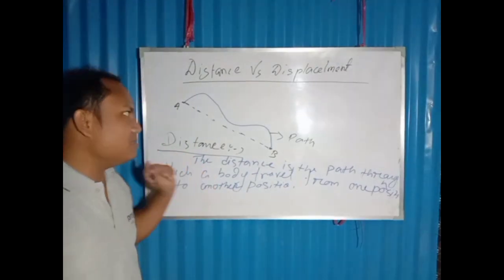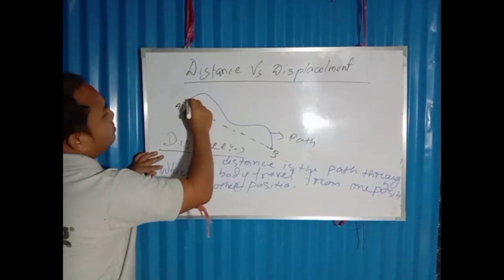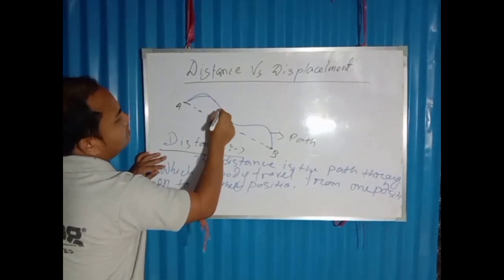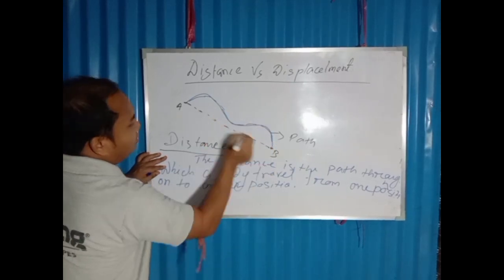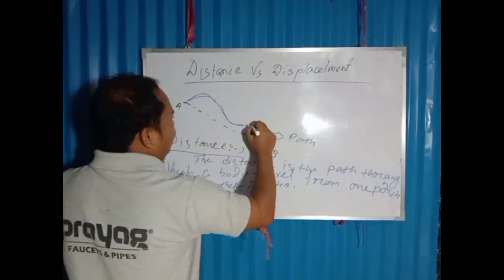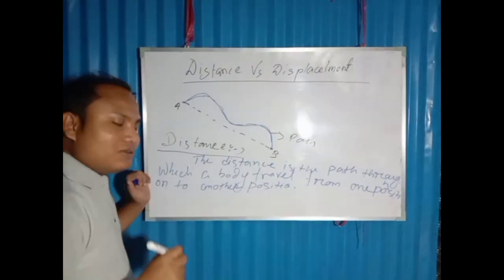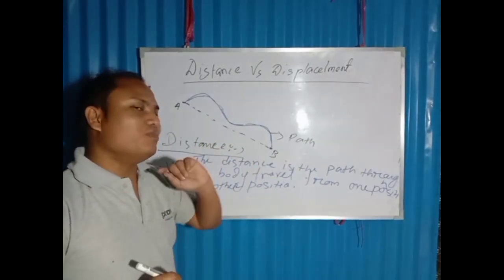This is called distance. You can see A point to B point, this is distance. Path actually means the distance of this body.